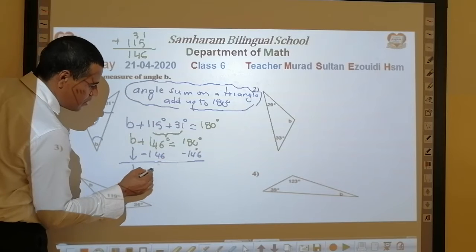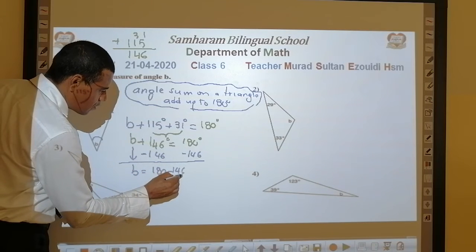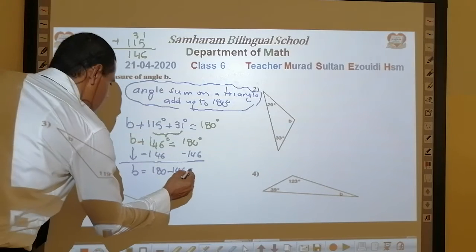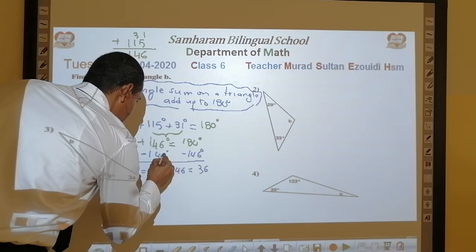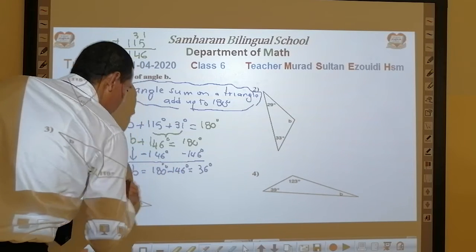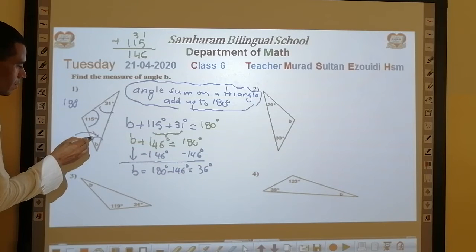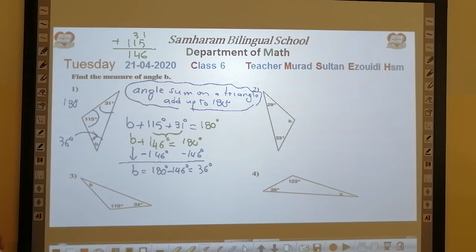Then 180 minus 146 is equal to what, my kids? Is equal to 36. 36 degrees. Okay? So, B equals what? B equals 36 degrees. Okay?